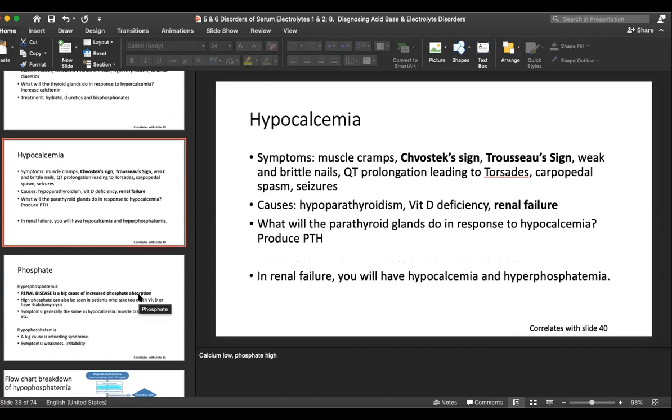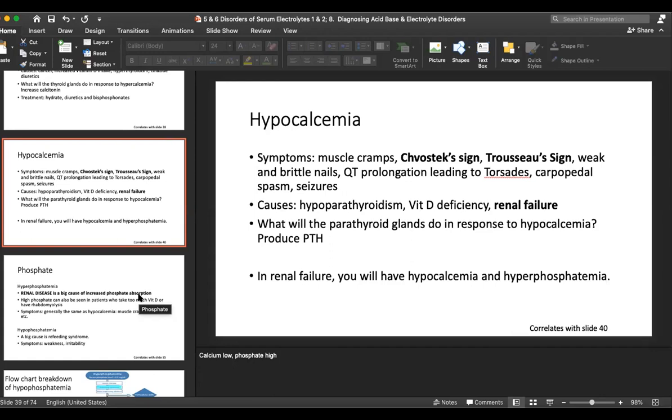Hypocalcemia, we've got the muscle cramps, Chvostek sign, Trousseau sign, weak brittle nails, QT prolongation, carpopedal spasm, and seizure. Chvostek sign is where they tap on the cheek and then they have a contraction.